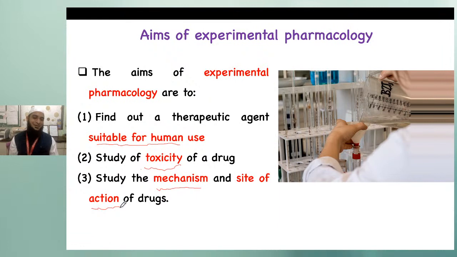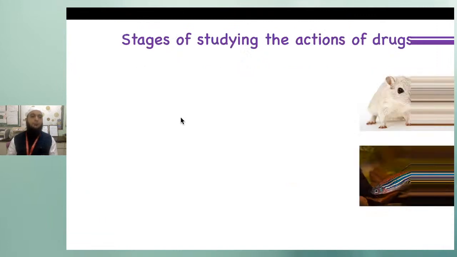Now, if you have knowledge of the site of action of the drug, you can develop a targeted drug delivery system which does not go into normal cells but only targets cancerous cells, isn't it? If it only targets cancer cells, then you are saving your other normal cells. So you can optimize the drug and reduce its side effects only by using the principles of experimental pharmacology. These are very important aims of experimental pharmacology for which you are studying this subject.